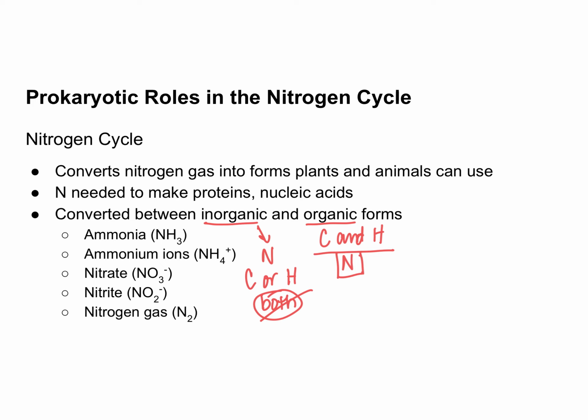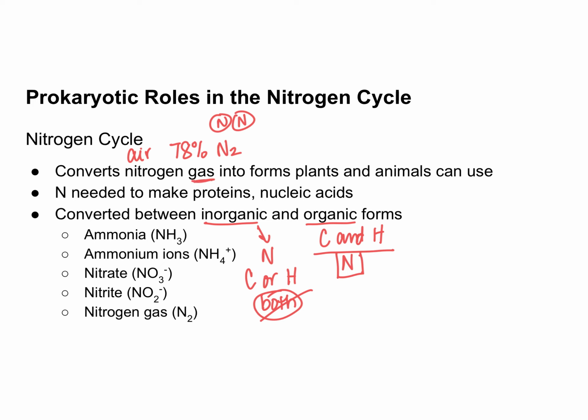Prokaryotes are especially important because if we take a look at our atmosphere, the air in Earth's atmosphere is about 78% nitrogen gas, which we can abbreviate as N2. So it's just two atoms of nitrogen bonded together that forms this gas.